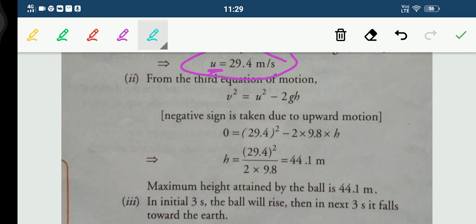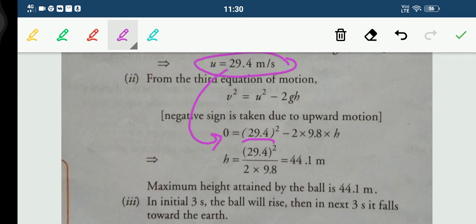Similarly students, we can also find out the height. How will we find that? With the help of the third equation of motion, that is v square is equal to u square minus 2gh. The negative sign is taken because it is showing upward motion. Let's do it quickly. So 0 is equal to 29.4 square, because we have already found u.